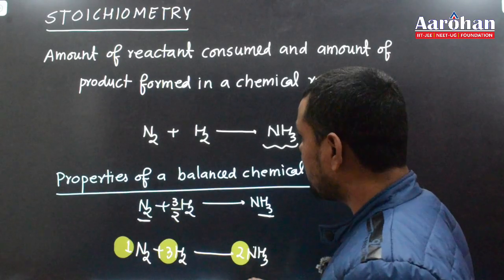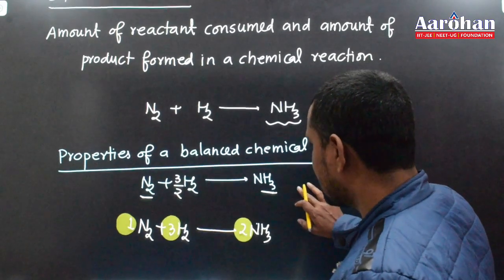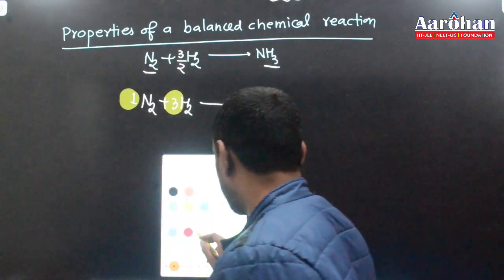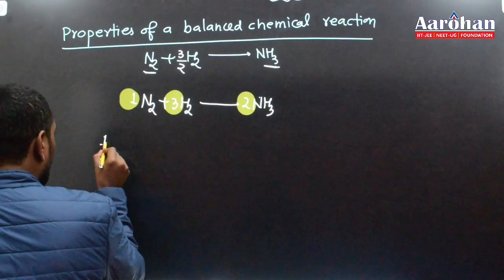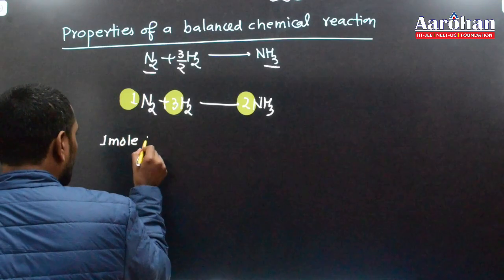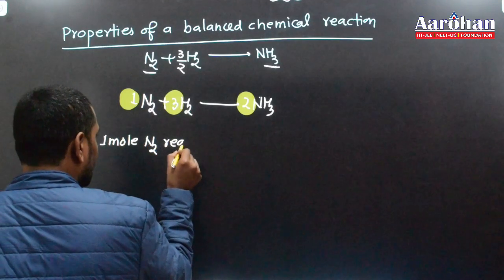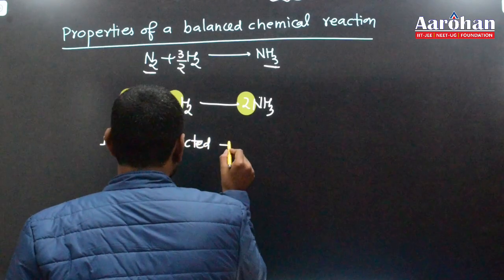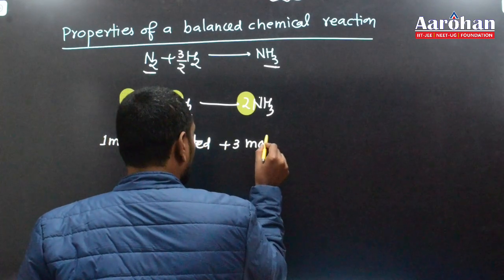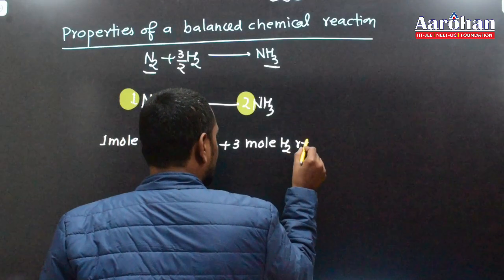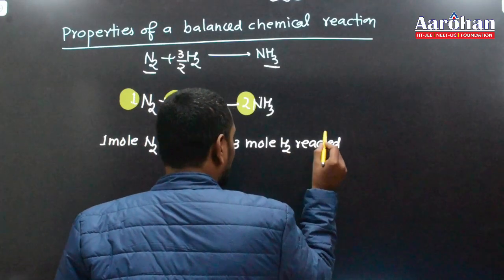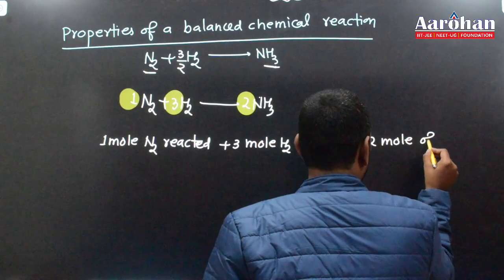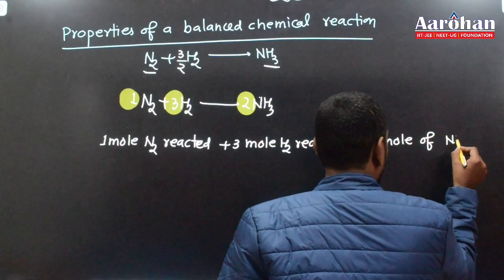Second property is what it means. What it really means is, if we are given this, it means that if 1 mole N2 reacted plus 3 mole H2 reacted, then it will form 2 mole of ammonia.